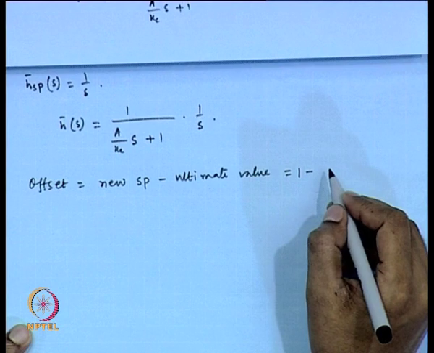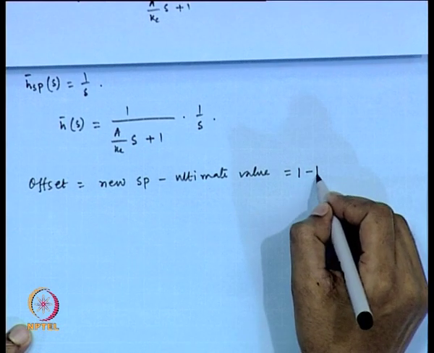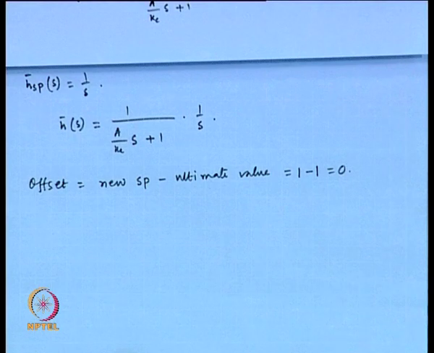Ultimate value we can find by the application of the final value theorem, that is also 1. So, offset becomes 0. Fine. So, it is very interesting that for an integrating process, the P-only controller provides an offset free response.